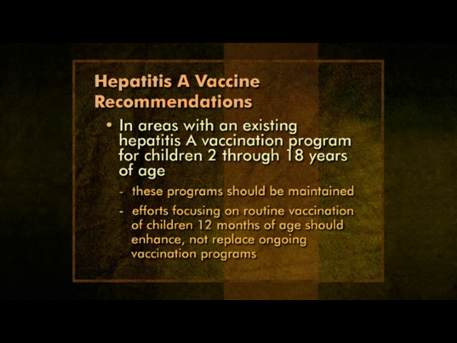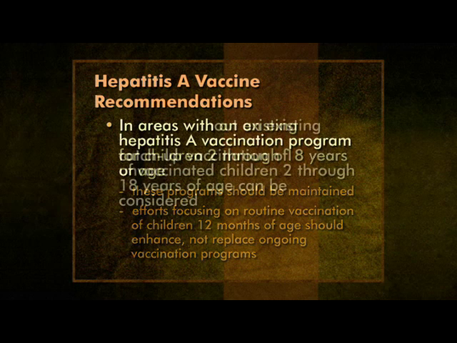Some areas in the U.S. already have an existing hepatitis A vaccination program for children 2 through 18 years of age. These programs should be maintained. Efforts focusing on routine vaccination of children 12 months of age should enhance, not replace, ongoing vaccination programs for older children.